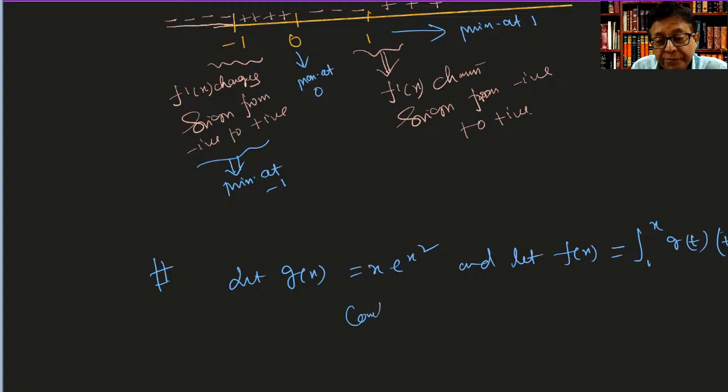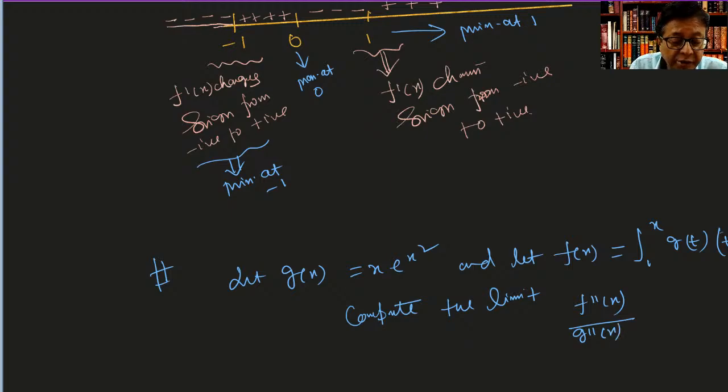Compute the limit f double dash x by g double dash x as x tending to infinity. Okay, so this is a big one.